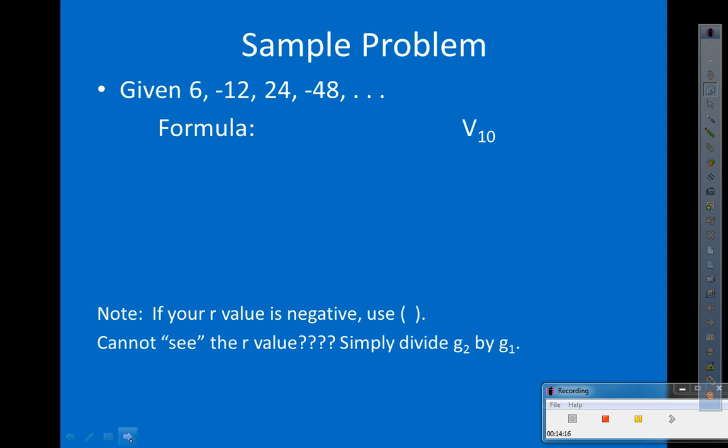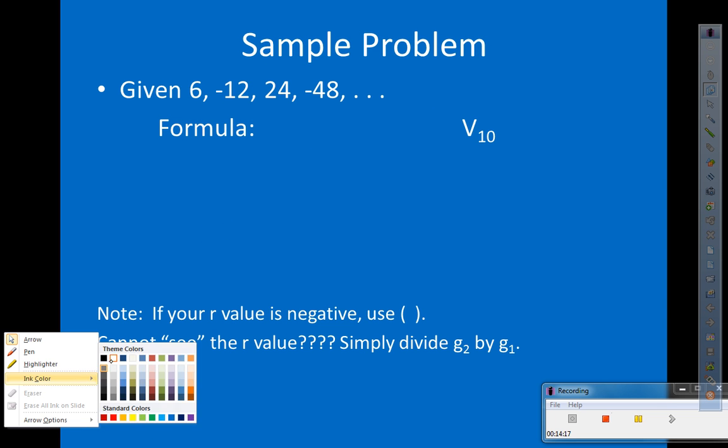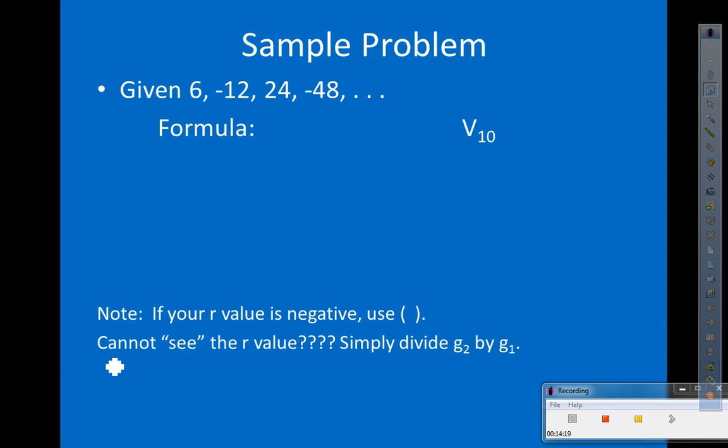My next example looks like this: 6, negative 12, 24, negative 48. Anytime your signs flip-flop, positive, negative, positive, negative, there's got to be a negative number involved. So my formula, once again, G sub n equals G sub 1 times R to the n minus 1.